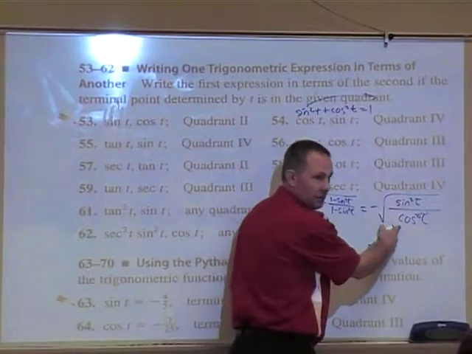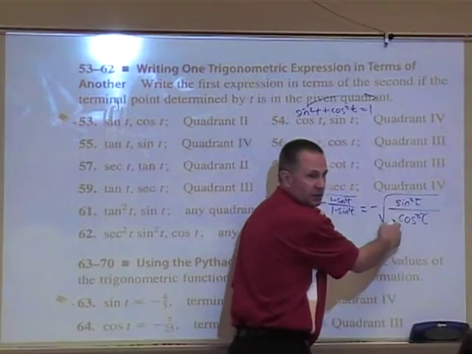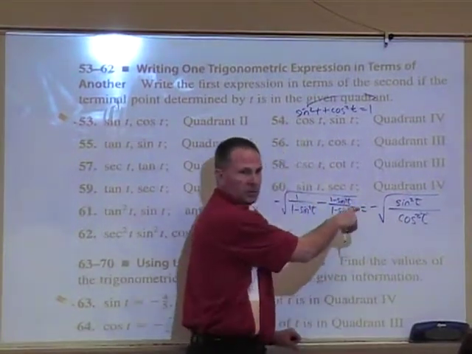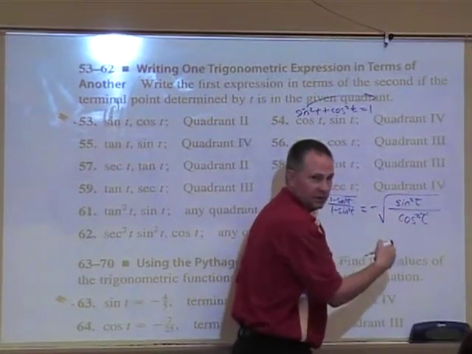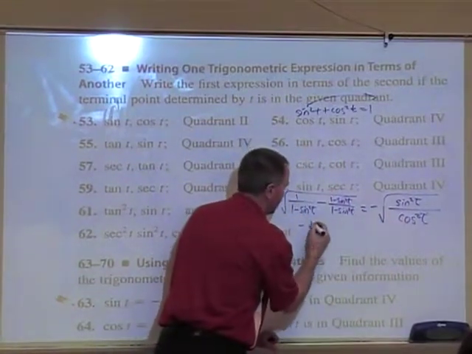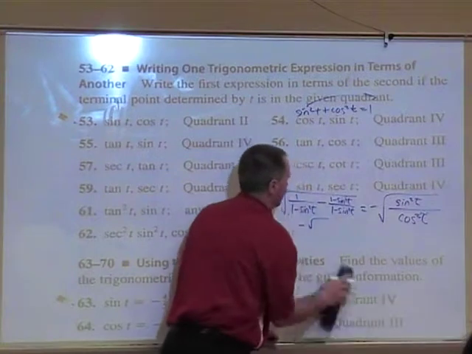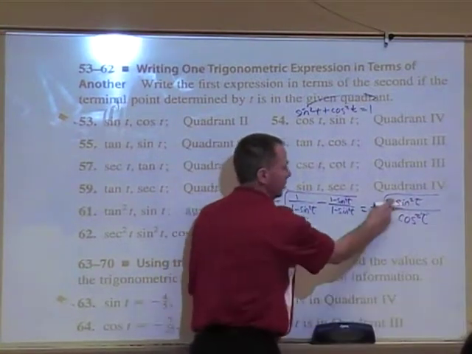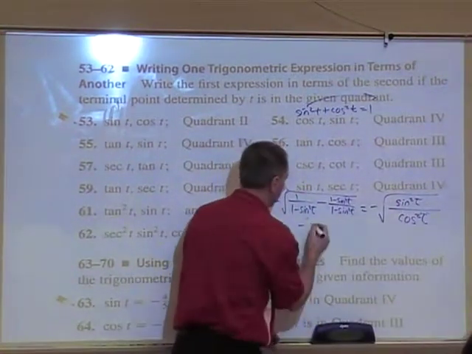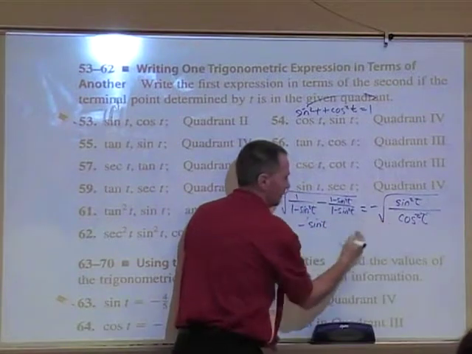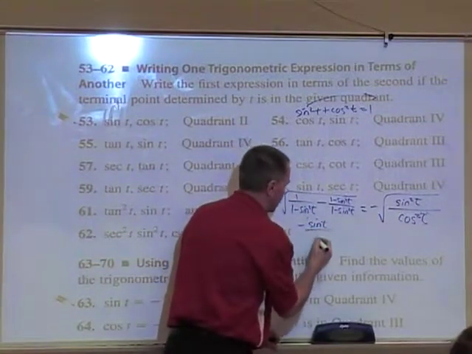We can take the square root of the cosine. You can't have a fraction inside your radical. So you gotta keep working this until there's nothing down there. So you have a negative. What's the square root of sine squared? Sine. Square root of cosine squared? Cosine.